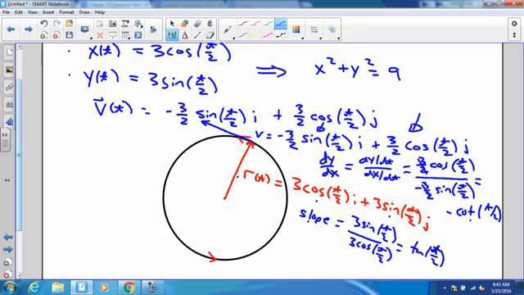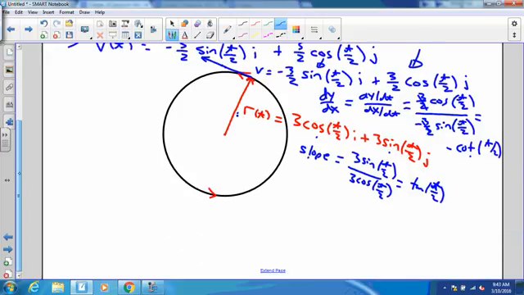The slope of the r vector and the slope of the velocity vector are negative reciprocals of each other, so that the velocity is perpendicular to the radius at every point along the curve. And if you know any geometry at all, you're not surprised by that fact. Tomorrow, when we do dot products, we'll have an easier and more elegant way to show the same thing. We'll show that the dot product of our velocity and position vectors is identically 0 for an object moving along a circle.